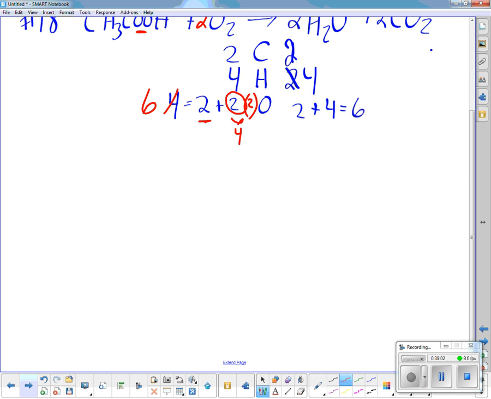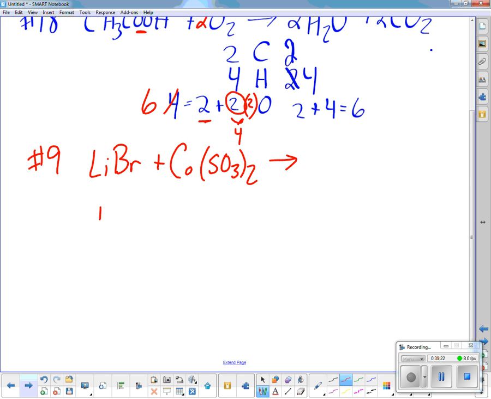Do 9. Li2SO3 plus CoBr2. Okay, what type? Double displacement, +1, -1.